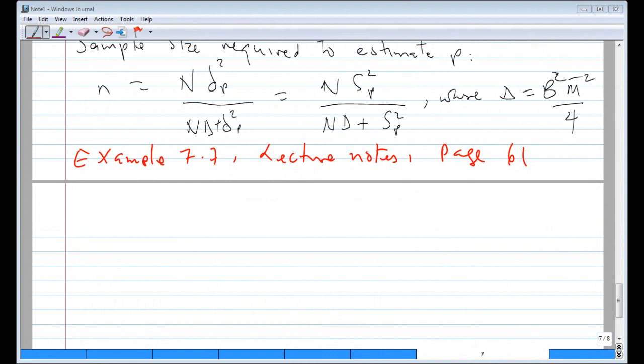It's example 7.7. It says the residents of the sample survey are asked whether they rent or own their homes. The results are given in table 7.4 below.